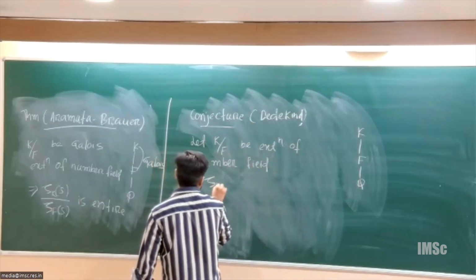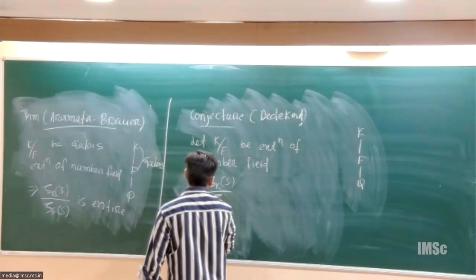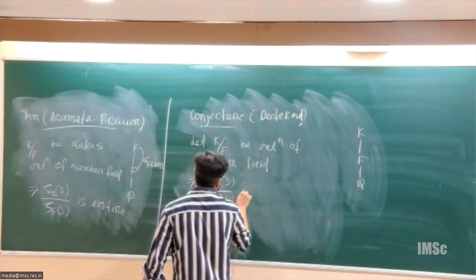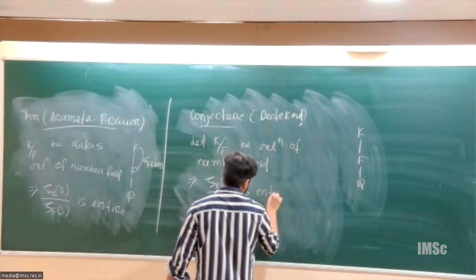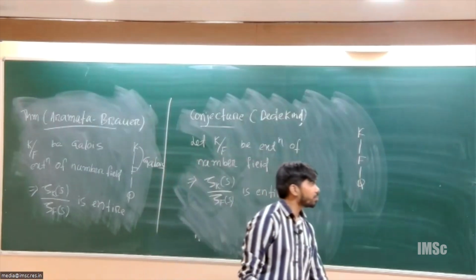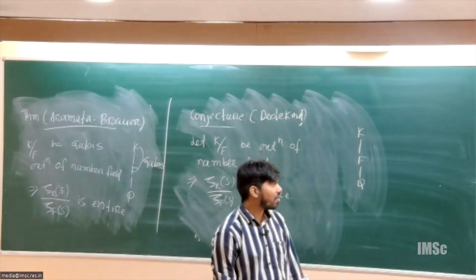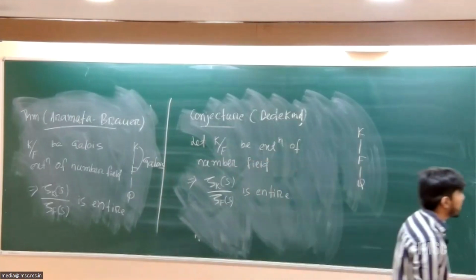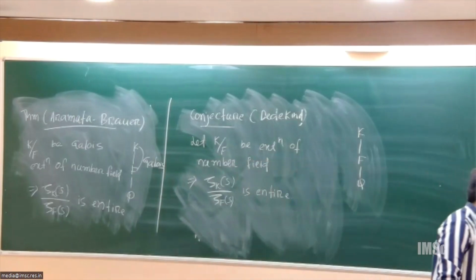Then zeta K of s over zeta F of s is entire. And it is known to be true for number fields having solvable Galois closure. That's a theorem of Uchida and van der Waall.